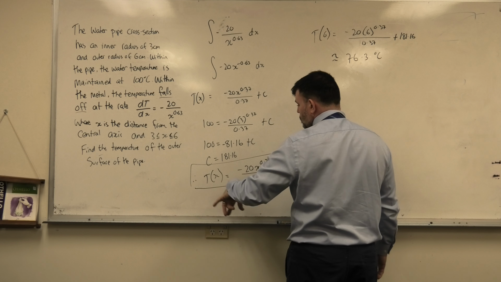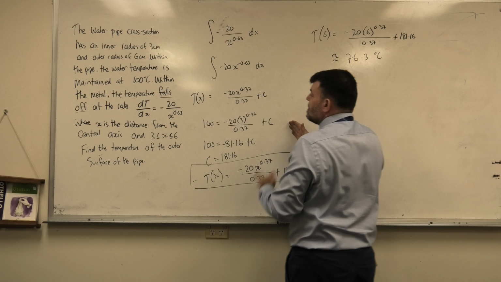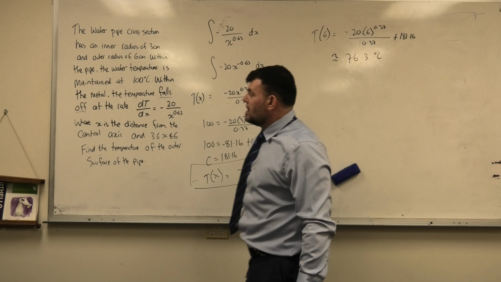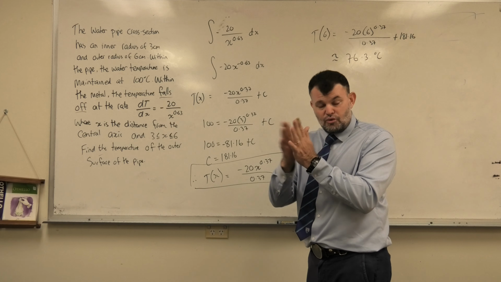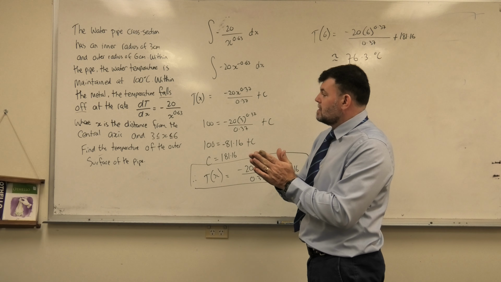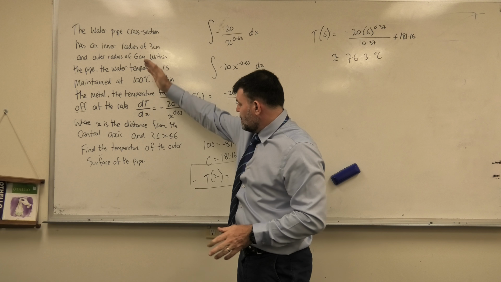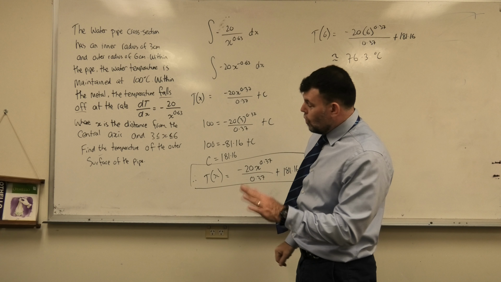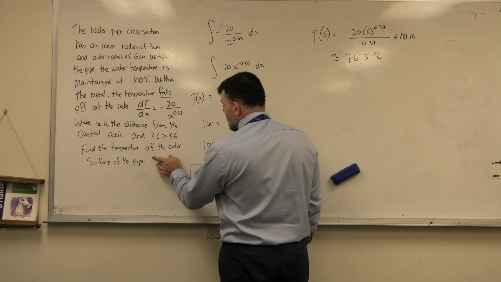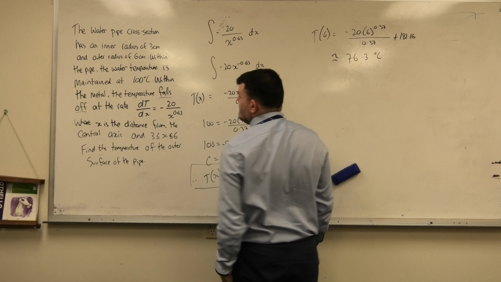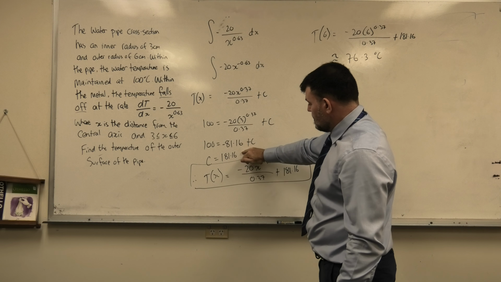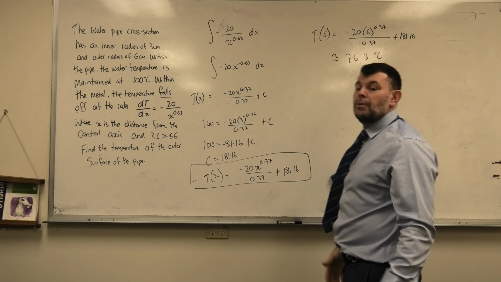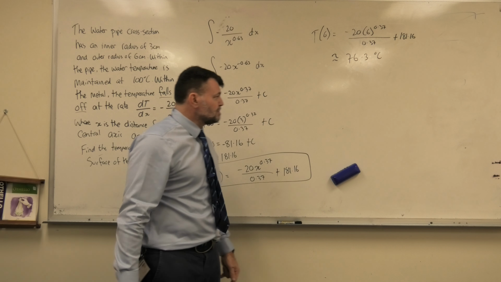I integrated it through, I ended up with that constant, and then I had to go back and ask where my initial information in this question is. Looking at the diagram, at 3 it was initially 100 degrees. I had 100, I had 3, and I had 6. The question is asking for the outer temperature, which is at 6. So my initial conditions could be 3 and 100, plug it in, get my c value, and then I can work out the temperature at 6 centimeters.